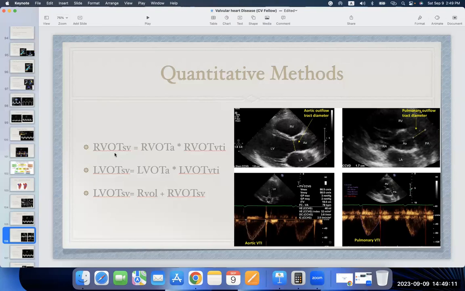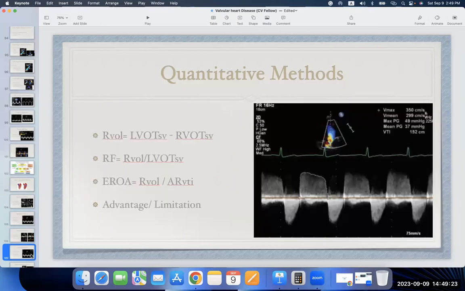And then you calculate the RV stroke volume, you calculate the LVOT stroke volume, and you're going to say that the LVOT stroke volume equals the regurgitant volume plus the RVOT stroke volume. And you will do the same: subtract and then divide by the LVOT stroke volume to get the regurgitant fraction, and if you divide it by the VTI, you will get the effective regurgitant orifice.